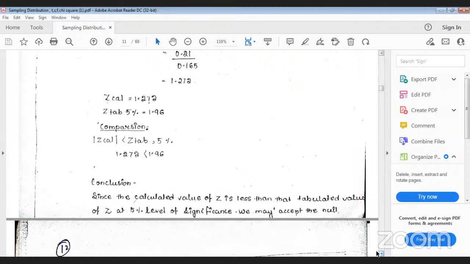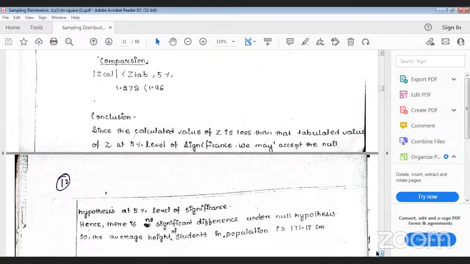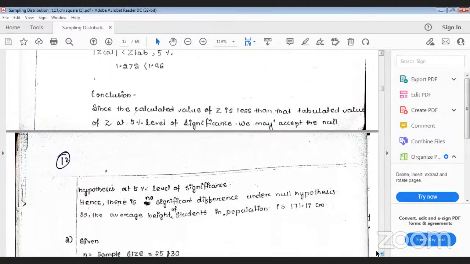Since the calculated value of Z is less than the tabulated value of Z at 5% level of significance, we may accept the null hypothesis. Hence, there is no significant difference. If it is rejected, there is a significant difference. If it is accepted, there is no significant difference under the null hypothesis.